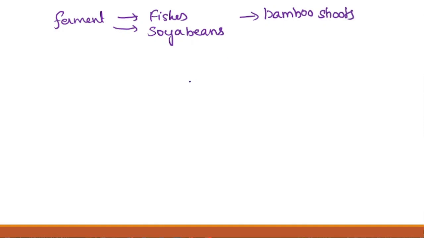We ferment fishes, we ferment soya beans, we ferment bamboo shoots. All these also we ferment. Apart from this, there are other places where we use bacteria, fungi or microbes in our day-to-day life.